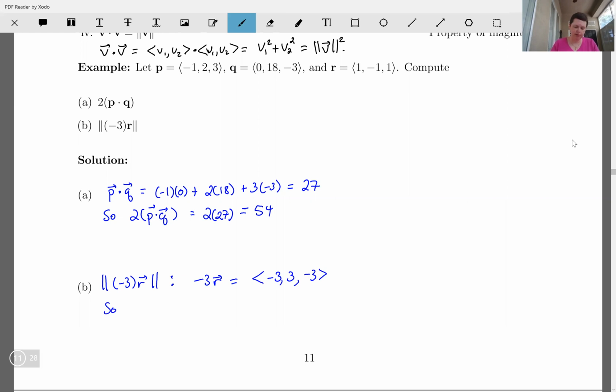So the norm of that vector we just constructed is going to be the square root of -3 squared plus 3 squared plus -3 squared, which is the square root of 27, also known as 3 times √3.